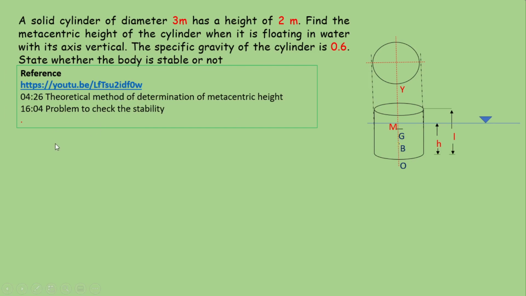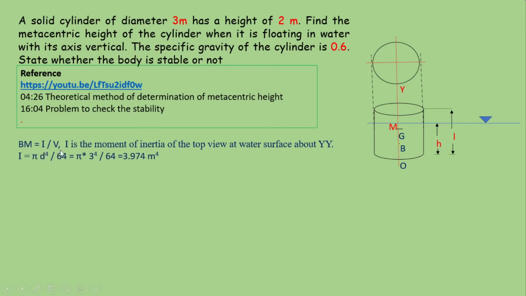So BM equal to I by V, where I is the moment of inertia of the top view at the water surface about Y-Y, or the moment of inertia of this cylinder, which is equal to pi into d raised to 4 by 64, equal to 3.974 meter raised to 4, and V is the submerged volume of this floating body.